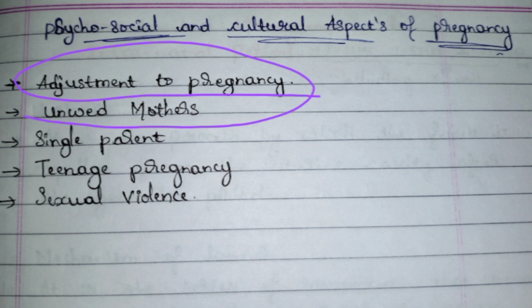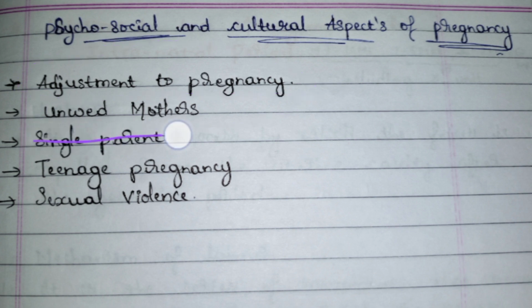Her belly gets expanded, she feels more unattractive, her mood swings, like she feels depressed once, very happy once, and frightened once. Everything is a mix of emotions, and there are lots of changes seen during pregnancy. So the woman gets psychologically affected because of the change in physical environment and emotional environment.